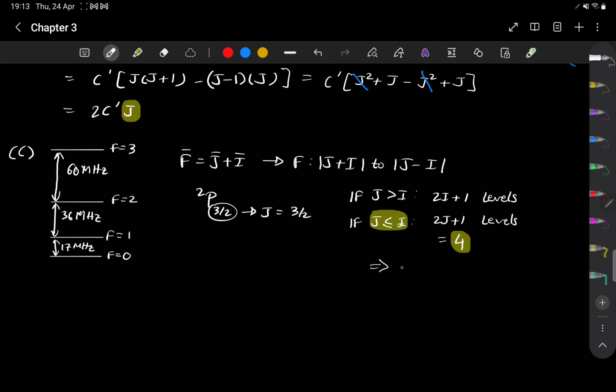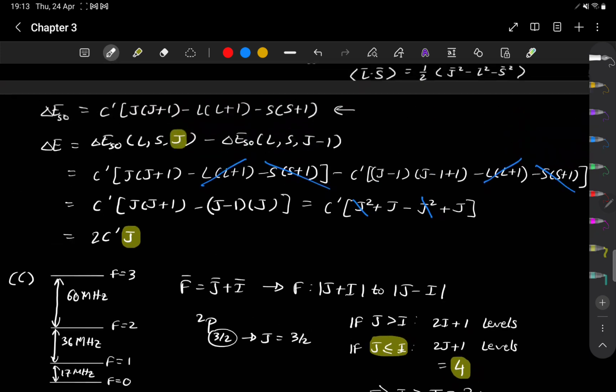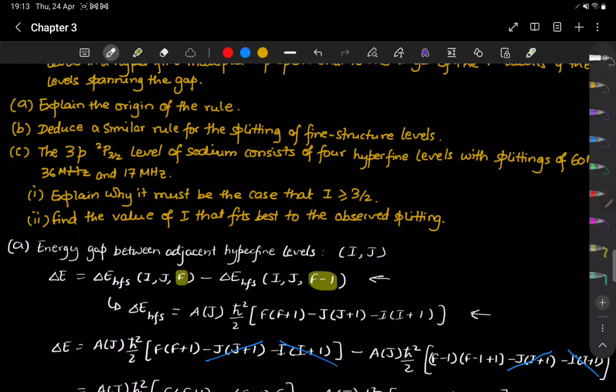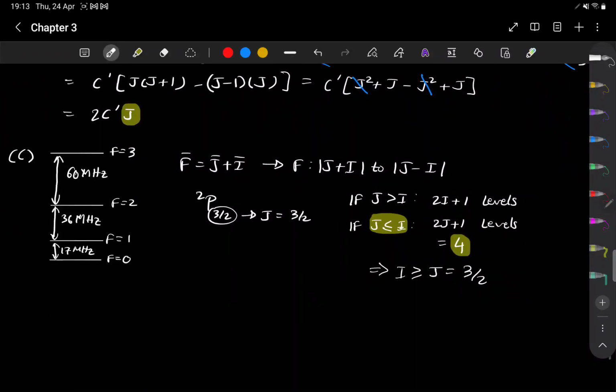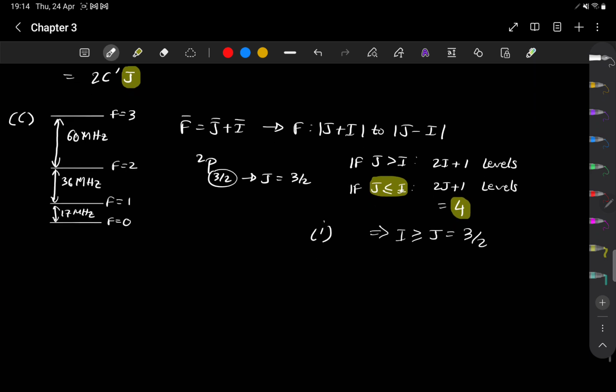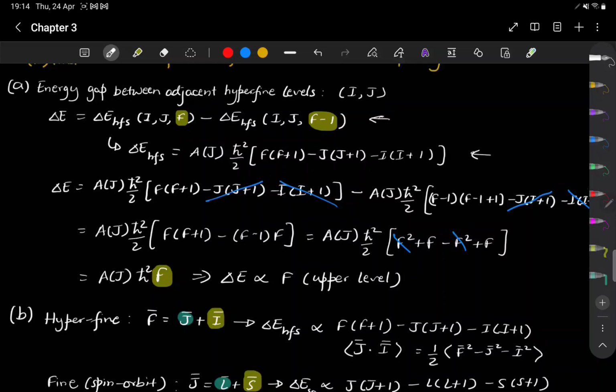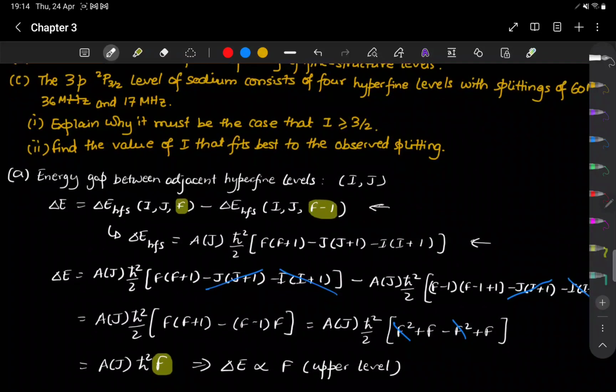This means that I is greater than or equal to J, which is equal to 3 by 2. Okay, so this was part C and the first part of part C. Next, part 2, find the value of I that fits best to the observed splitting.